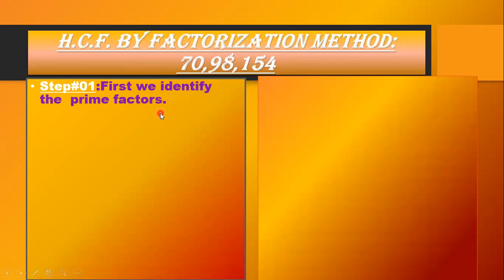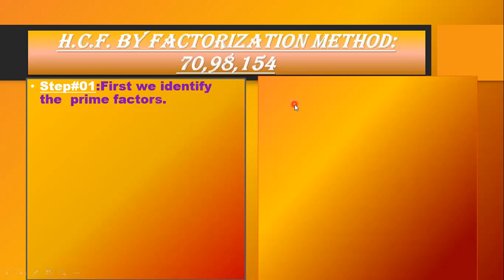A prime number means that number is divisible by only one and itself. For example, 2, 3, 5, 7, 11, 13, and so on.